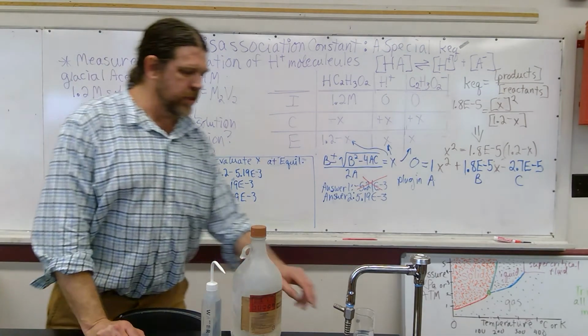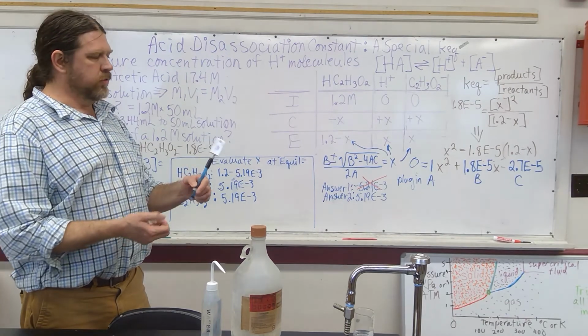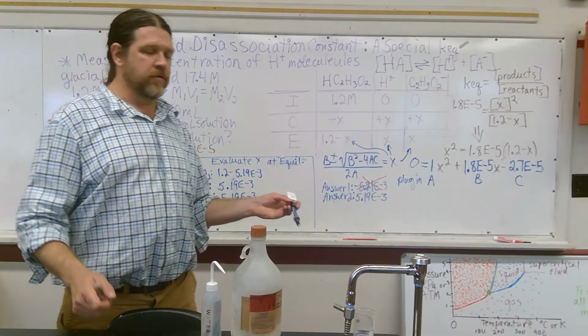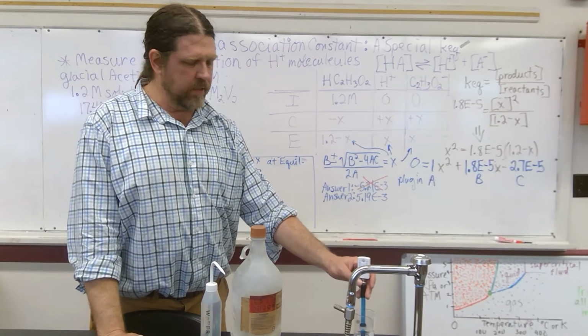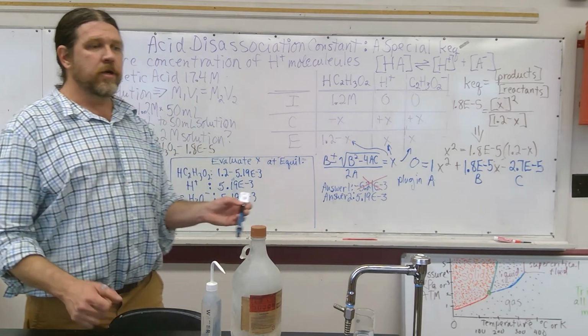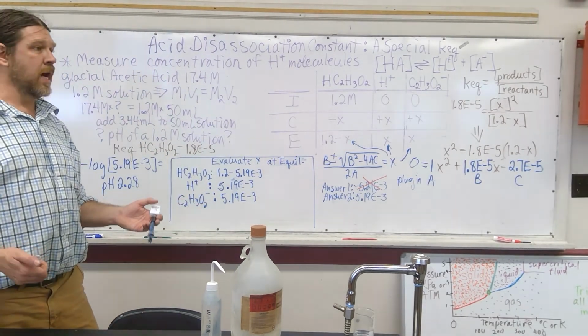So then we can see how well it holds up. We use our handy little probe here, and I actually did this a few minutes ago. I let it sit for a good 25-30 seconds, and I got a pH that I think was pretty close, about 2.44, which is not bad.